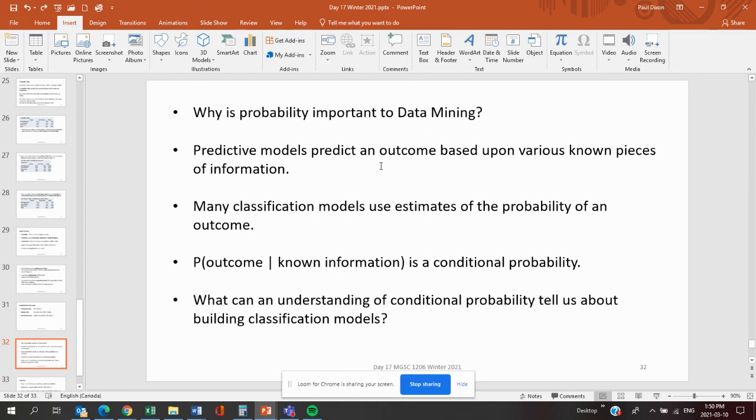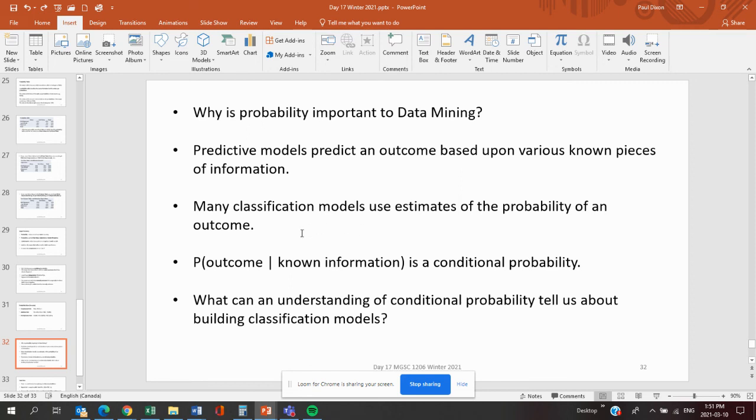Why do it in data mining? Well, we're trying to predict an outcome based upon knowing pieces of information. So I want the chance of that outcome happening given the information I've got. That's a conditional probability.